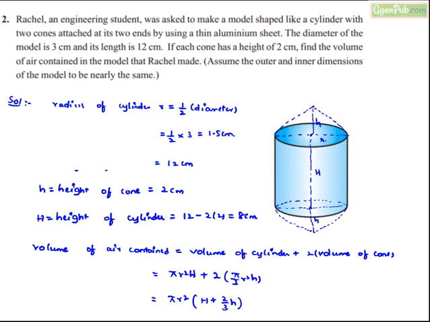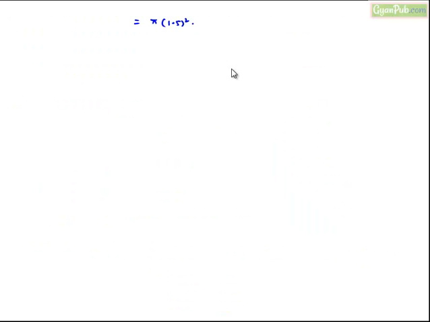that is equal to pi r square, which is pi into 1.5 whole square, into capital H, which is 8 centimeters, plus 2/3 times small h, which is 2 centimeters, which is equal to pi times 1.5 times 1.5 into 8 plus 4 by 3, that is 28 by 3.